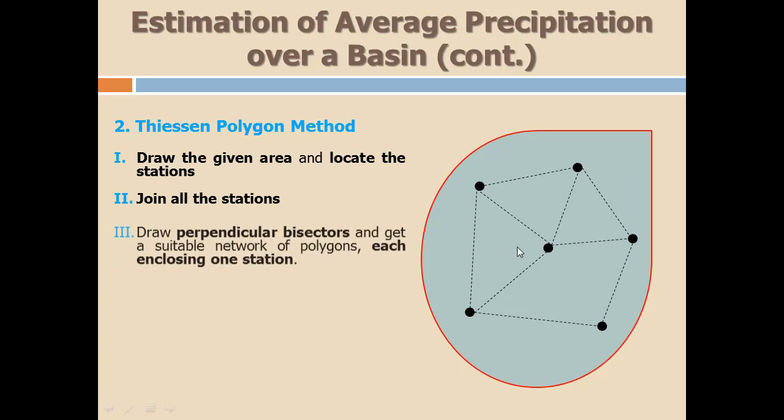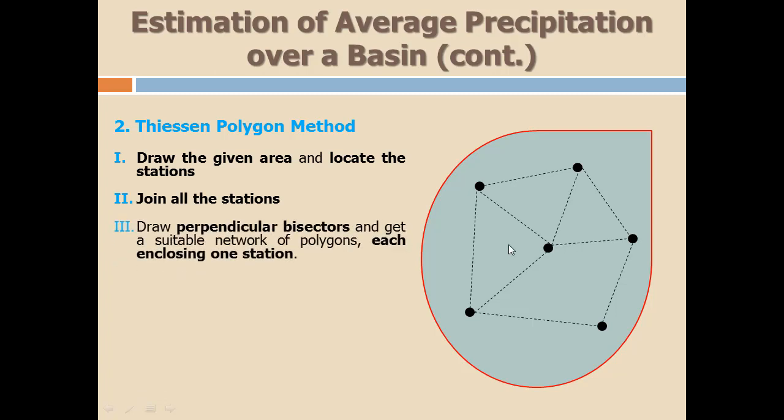Third step is draw perpendicular bisectors and get a suitable network of polygons, each polygon enclosing one station. Draw perpendicular bisector on all these dashed lines. So like this.